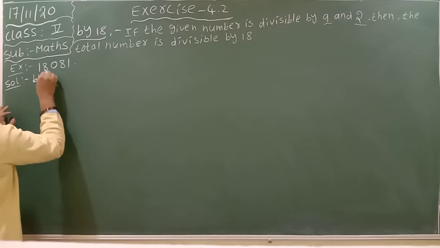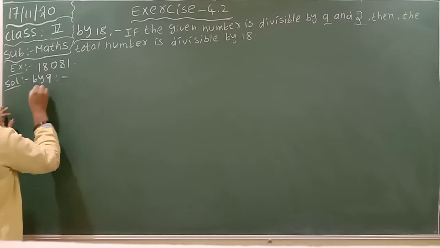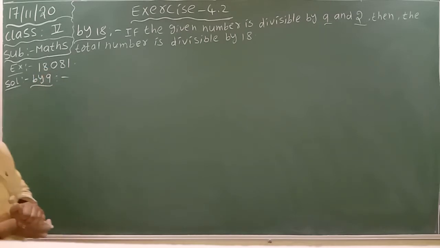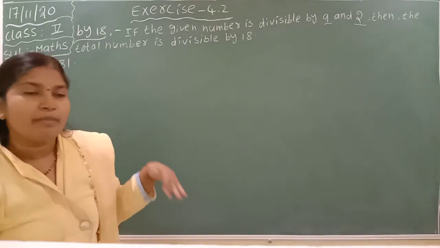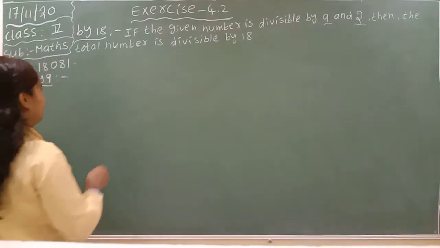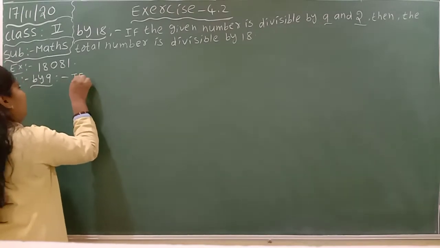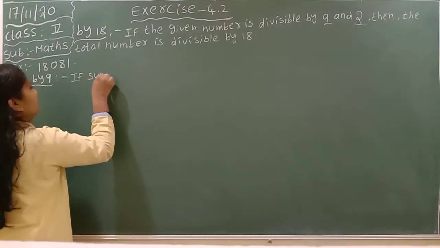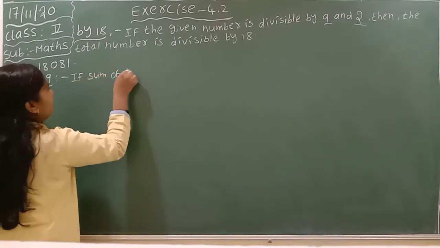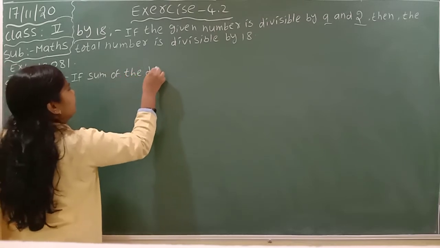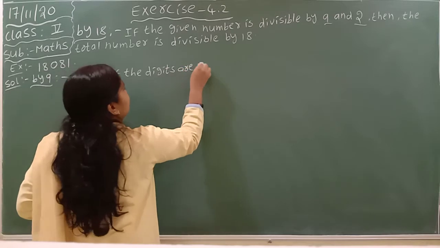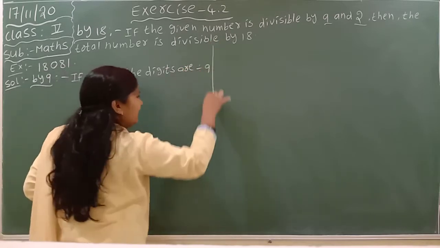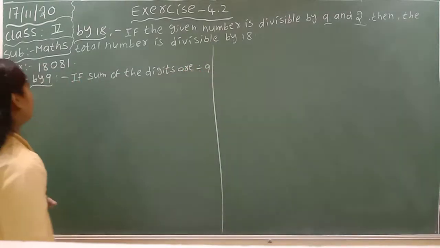What is the by 9 property? If the sum of the digits is divisible by 9, you have to check this one.